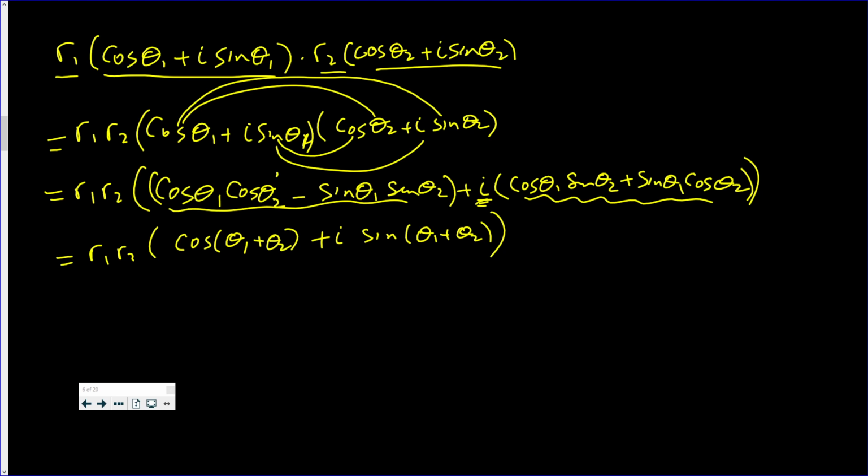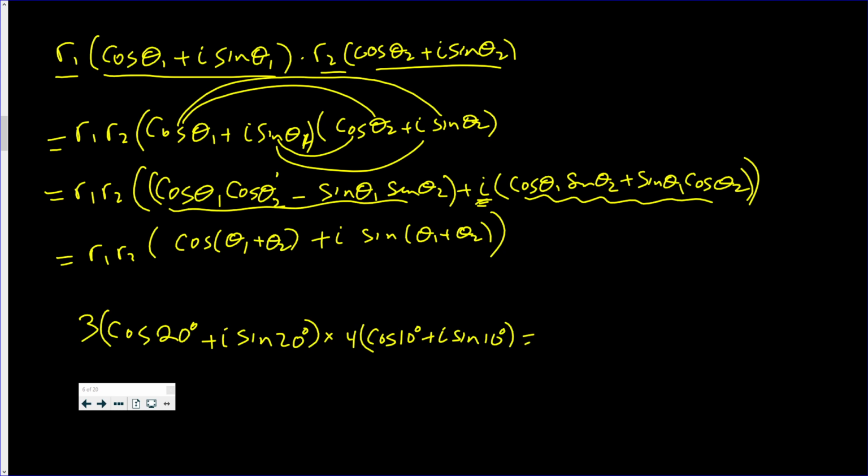which is pretty neat. So for example, if you have 3 times cosine 20 degrees plus i times sine 20 degrees, and you're going to multiply this by 4 times cosine 10 degrees plus i times sine 10 degrees, the answer is pretty easy. 3 times 4 is 12, and this times this, well, it's going to be in cis form.